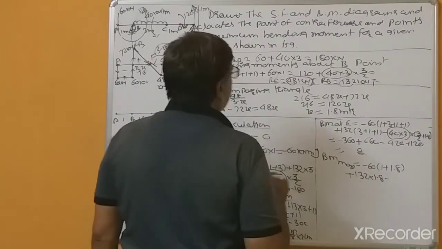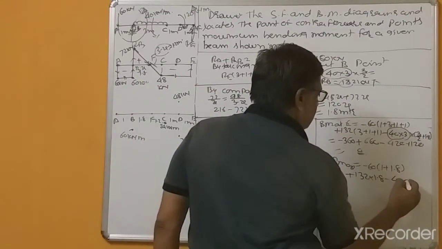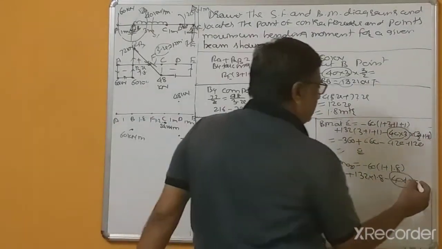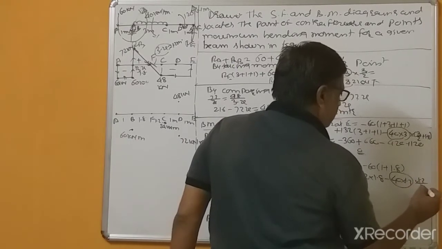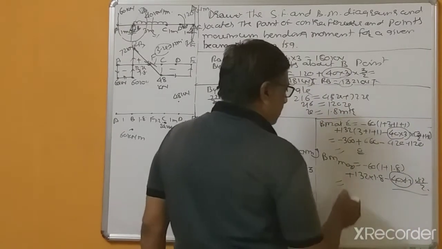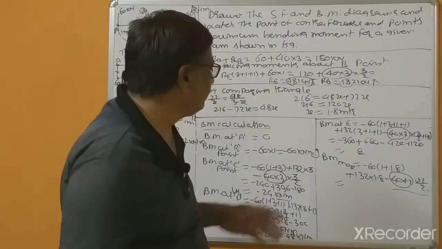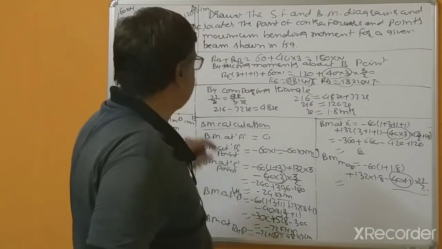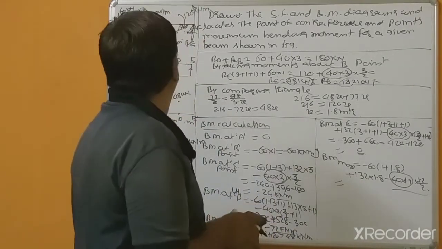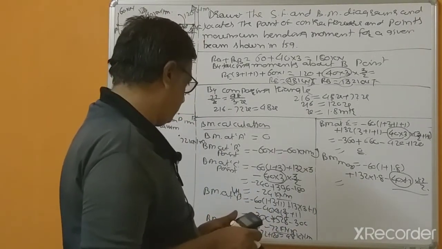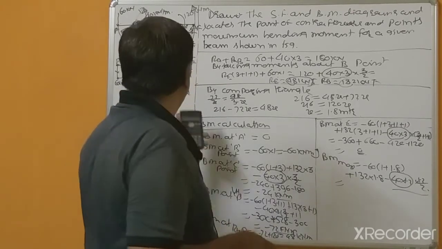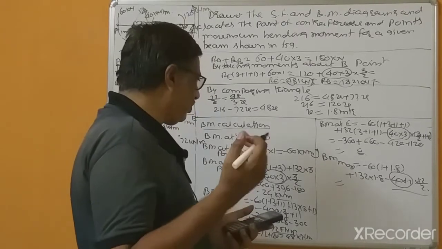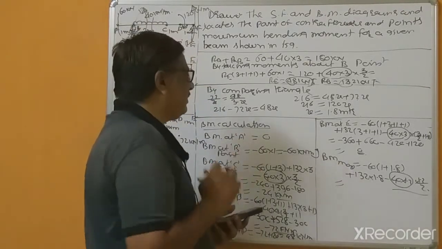Uniform distributed load 40 kilonewtons, distance 1.2. So this becomes shear force, half of its distance, this becomes bending moment. This is your maximum bending moment, because here this is 48. I can't say that, because here a moment is acting. When a moment is acting, this is not the bending moment, meaning this is the maximum bending moment.